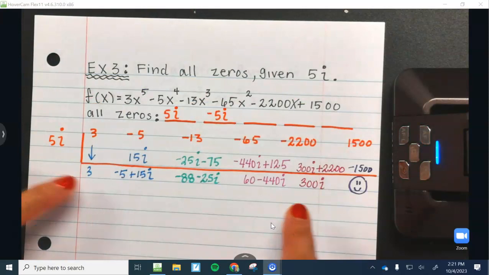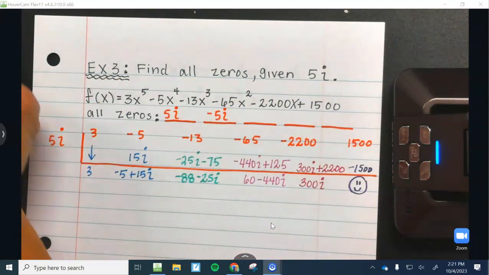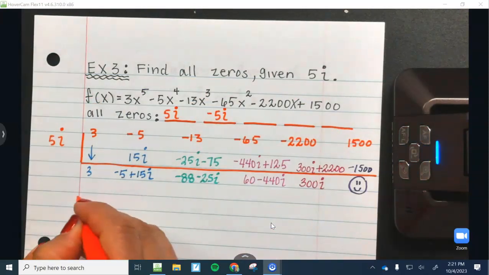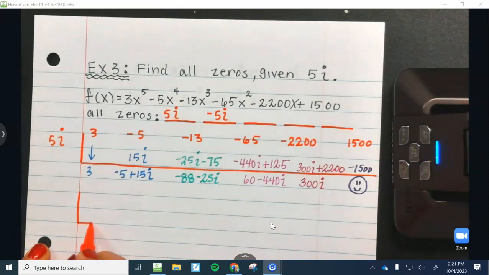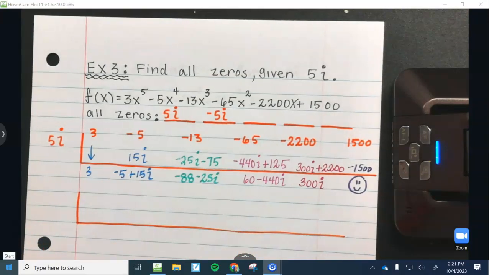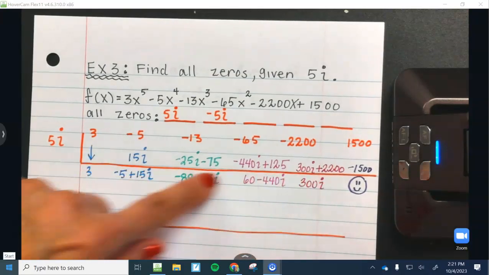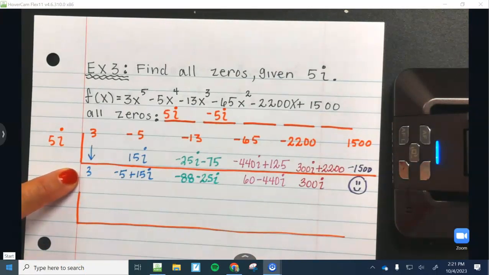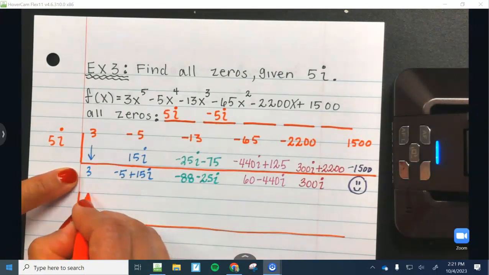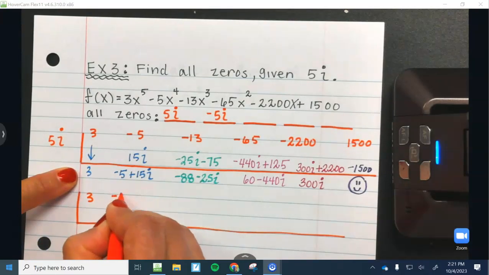I'm just going to turn around and do synthetic division again. So look, I'm going to draw another upside down division box all the way across my paper. I am going to recopy this ugliness, our answers. It's right, it's just ugly. Let's recopy this at the top of our synthetic division box.